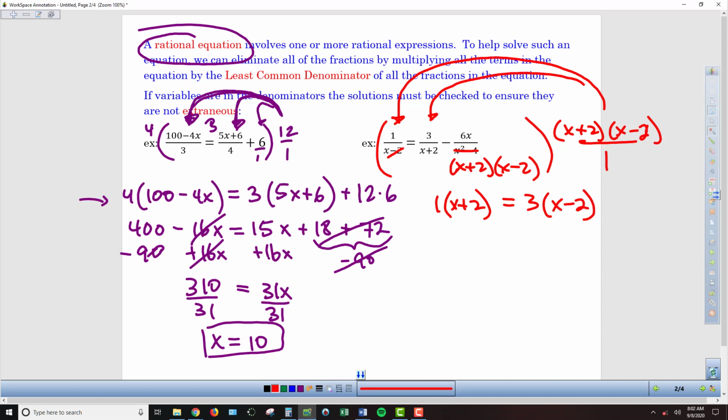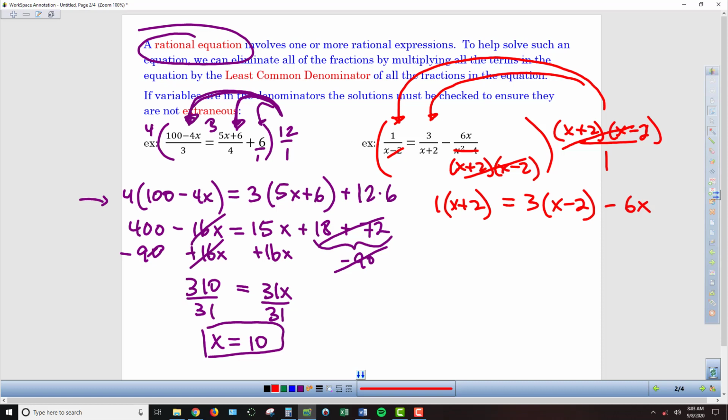I do reset every time to the original thing that I'm multiplying by, the x plus 2 times x minus 2. And then finally, x plus 2 times x minus 2 cross cancels with the whole thing here, so we just have minus 6x. So the entire denominator cross cancels with what we're multiplying by, so we just have that minus 6x.